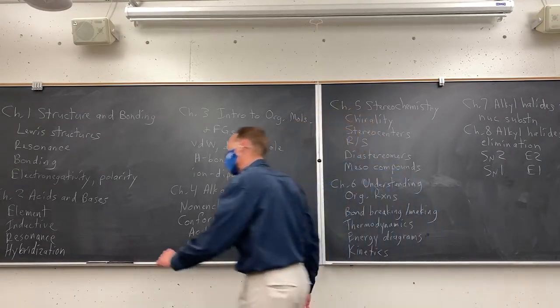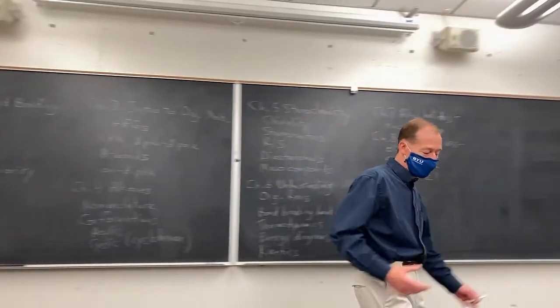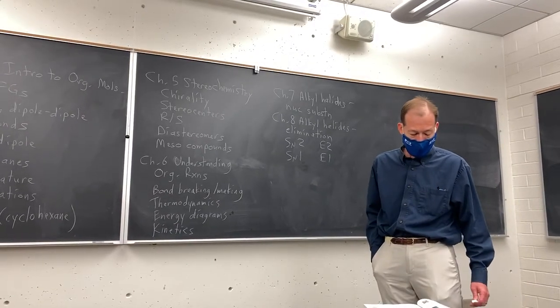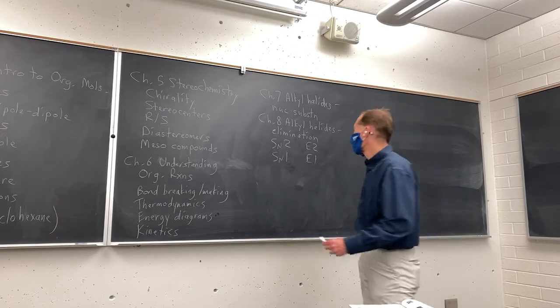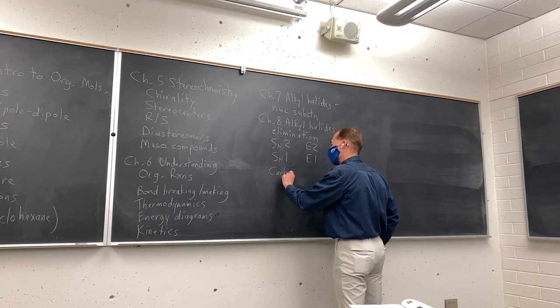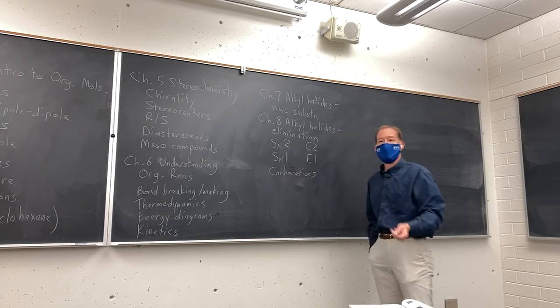Okay. So there were a couple of other topics related to substitutions and eliminations that we had in this section. We learned about carbocations. Those are key intermediates in SN1 and E1 reactions.